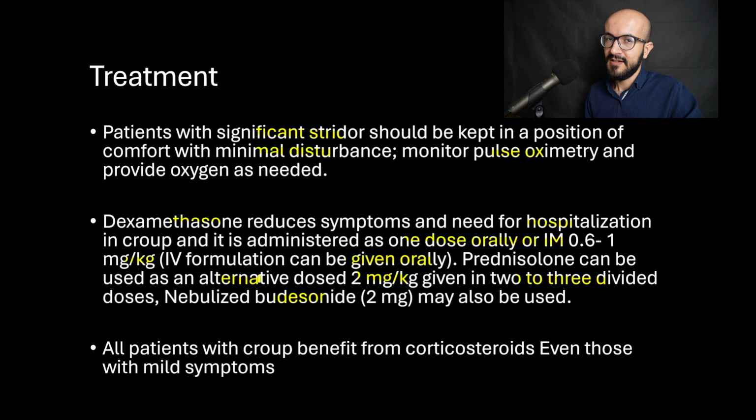And all of these, the dexamethasone, the prednisolone, and the budesonide, are corticosteroids. So all patients with Croup benefit from corticosteroids, even those with mild symptoms. And the idea is that the corticosteroids decrease the inflammation and edema, and it would decrease the tracheal narrowing.